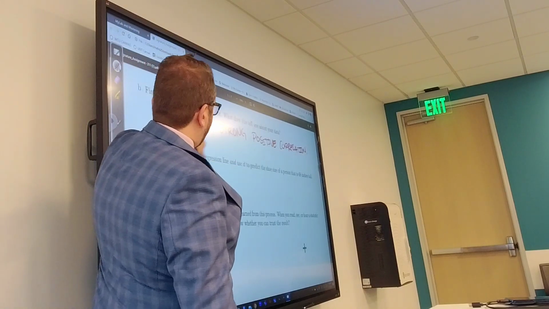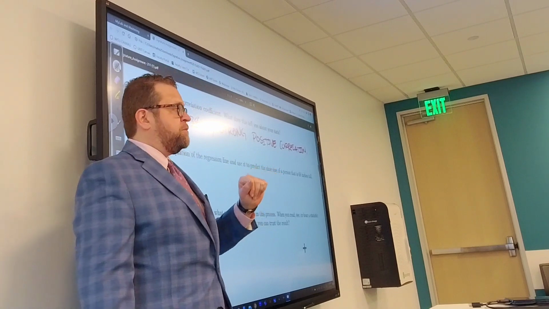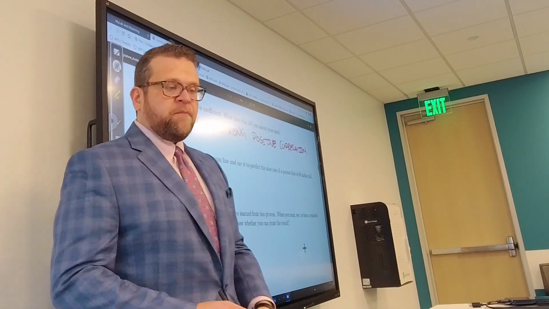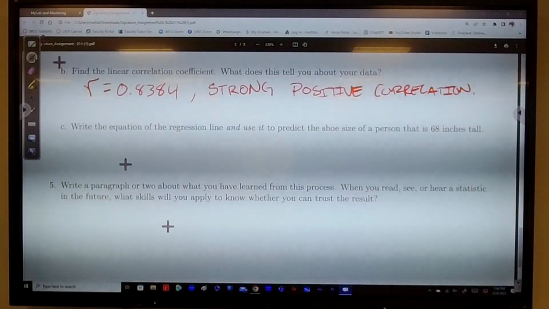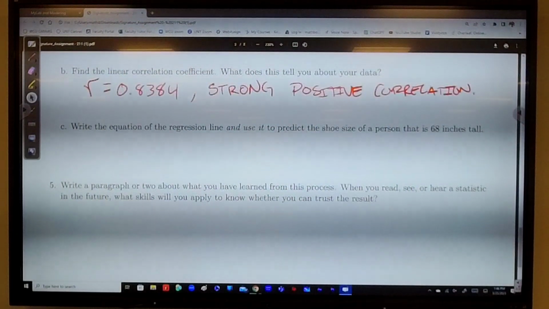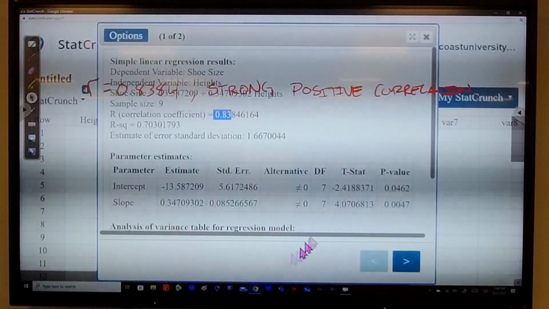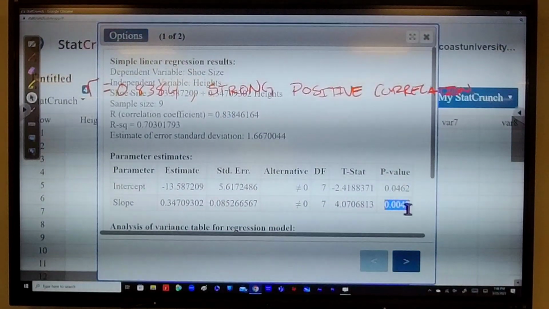And the true process we would use is the p-value process. So my p-value here is 0.0047.